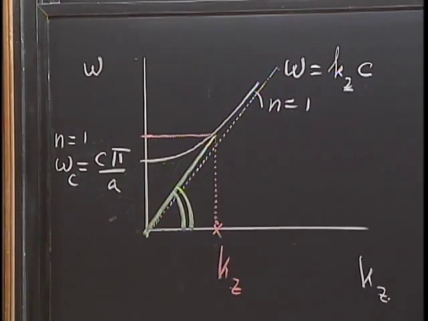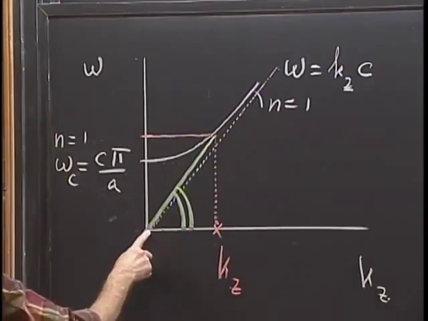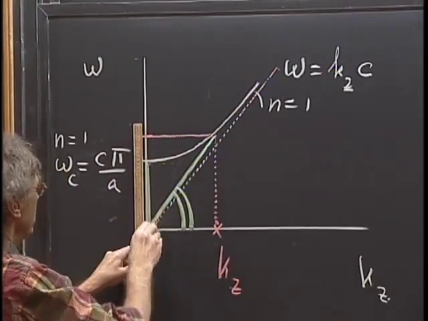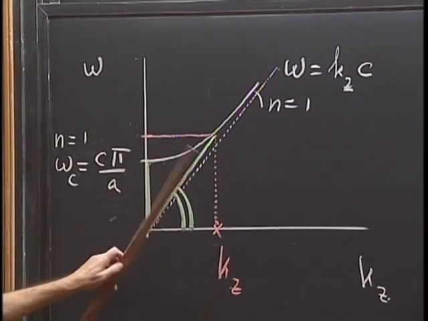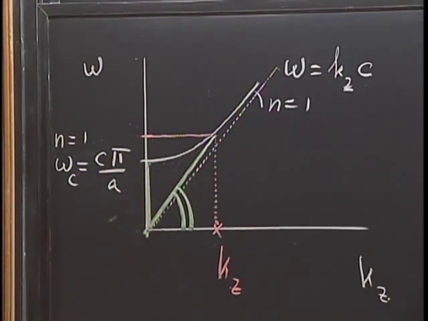Since this slope is steeper, the phase velocity is larger than c. And when you reach the situation that kz becomes 0, this is omega divided by kz with kz equal to 0, and so when you reach this cutoff frequency, the phase velocity goes to infinity.